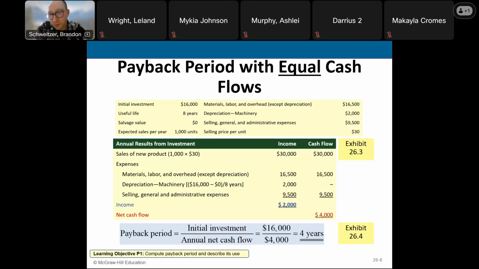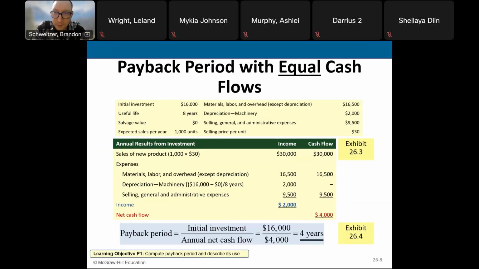We don't count depreciation in cash flow because it's not actually cash. And we also had selling, general, administrative expenses that we paid, 9,500. So sales, 30,000 minus materials, labor, overhead, 16,500 minus 9,500 for selling, general, administrative expenses gives us a net cash flow of 4,000 per year.